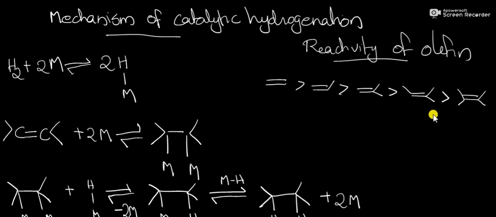Here the substituents are 3 and here the substituents are 4. So as the substituents increase, the rate of the reaction decreases.